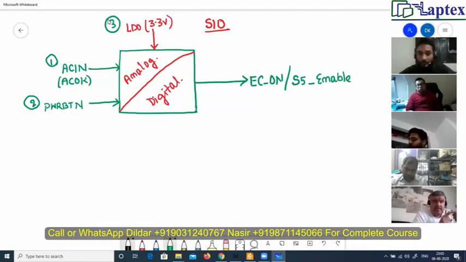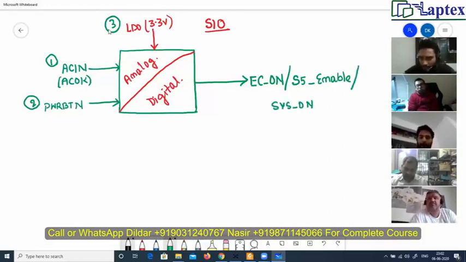LDO 3.3, AC in, power button: these three are required to generate the EC on, or sometimes it is also called sys on, system on. These are the names of the signal that will be generated. This signal will go to enable the 3 volt, 5 volt section.